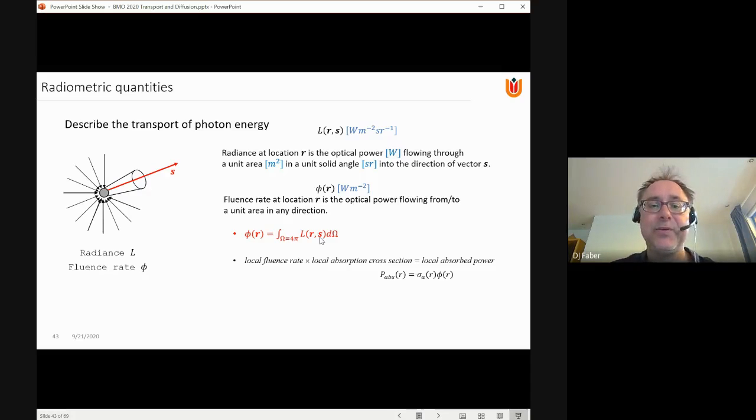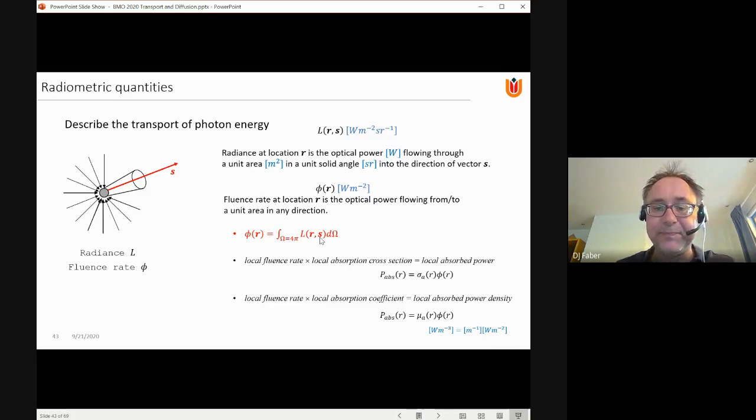Fluence rate is a really important quantity because if we multiply the local fluence rate somewhere in the tissue with the local absorption cross section, sigma A, we're essentially calculating the locally absorbed power, so how much power in watts is absorbed at that location. That can be used, for example, for therapy, or we may want to calculate it to be sure that we don't reach a damage threshold. So fluence rate is an extremely important quantity.